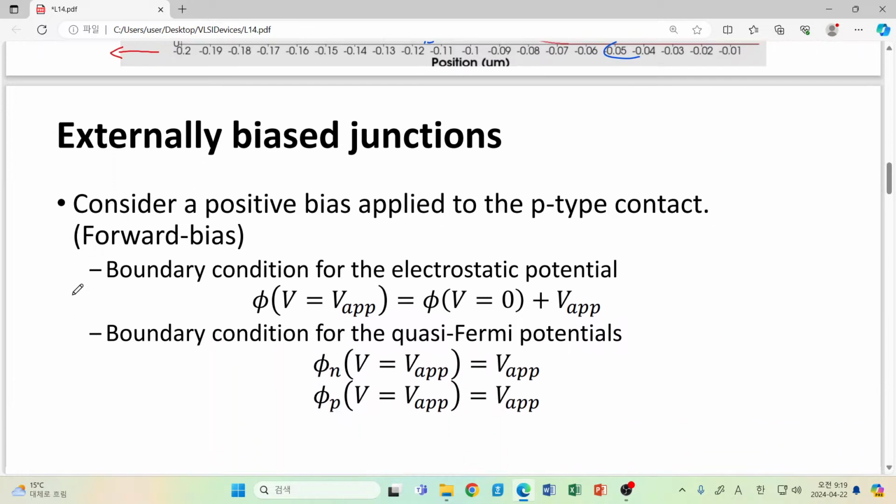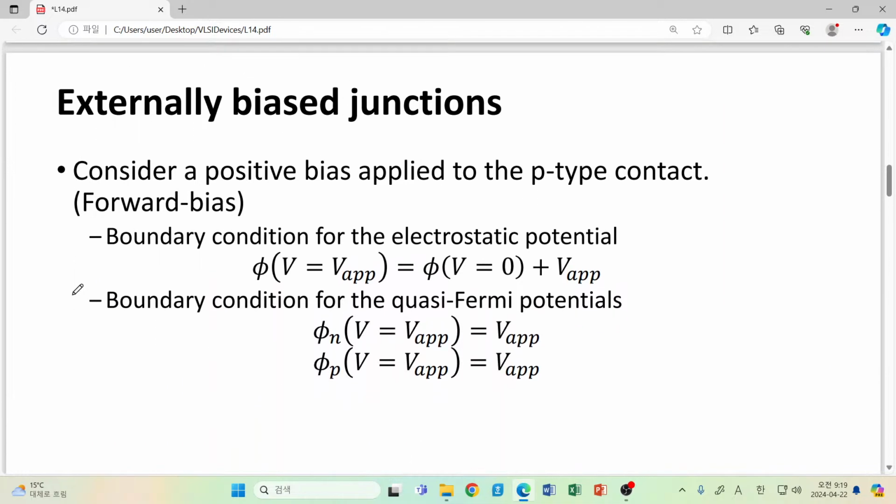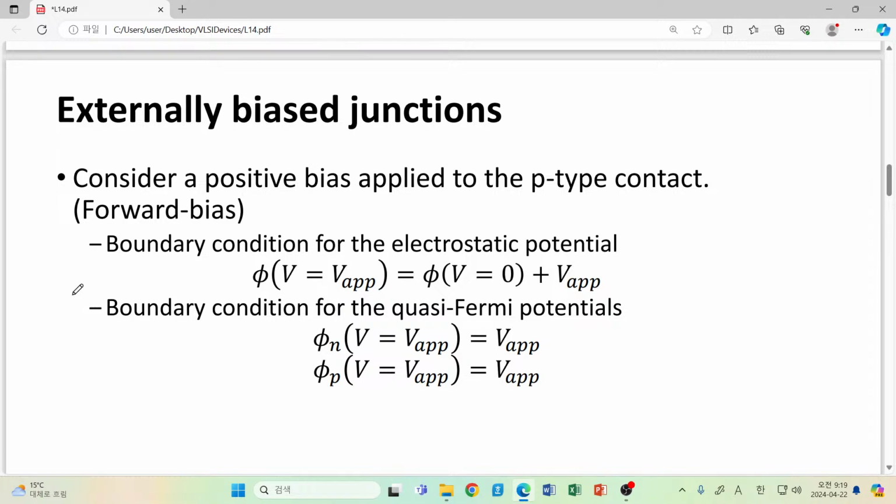So now we go to the externally biased junctions. Externally biased junction means that we simply apply a certain voltage to our anode or cathode. The cathode is connected to our n-type region, and the anode is connected to our p-type region.